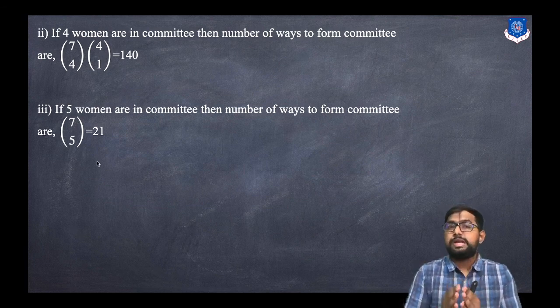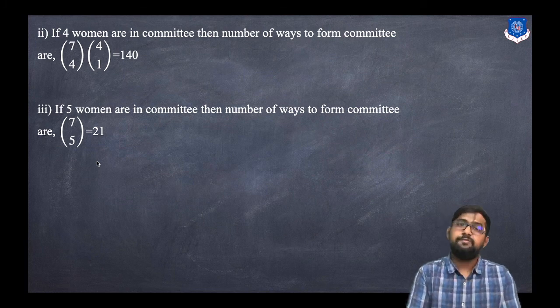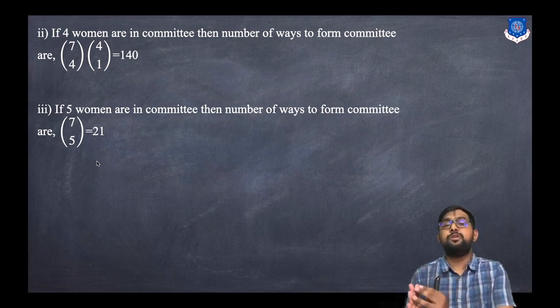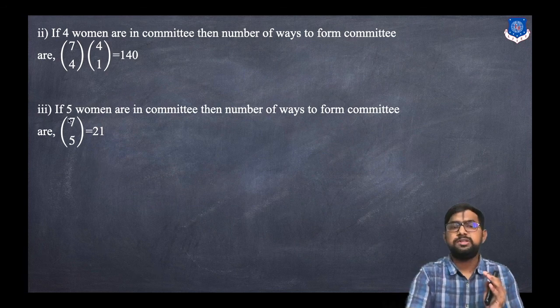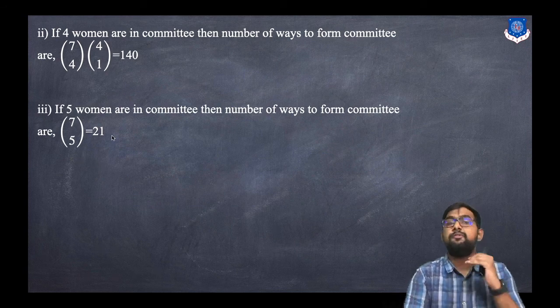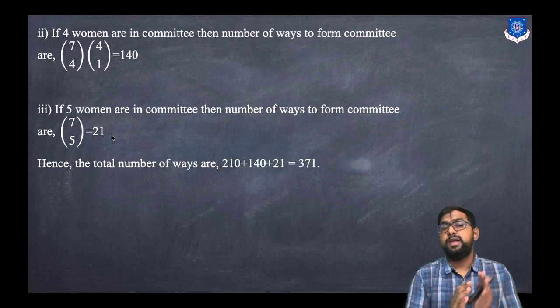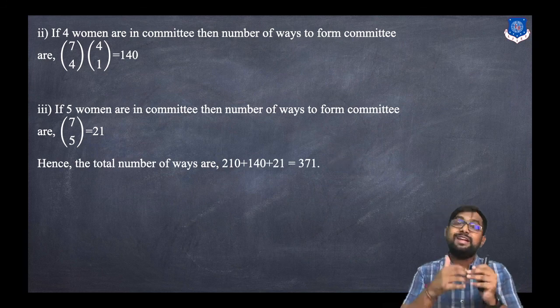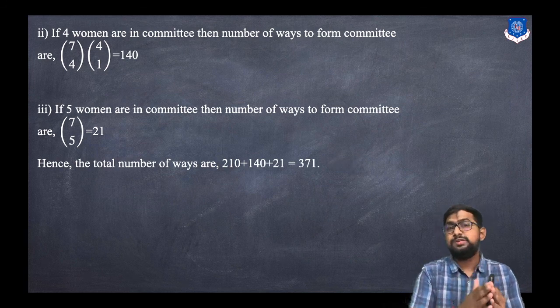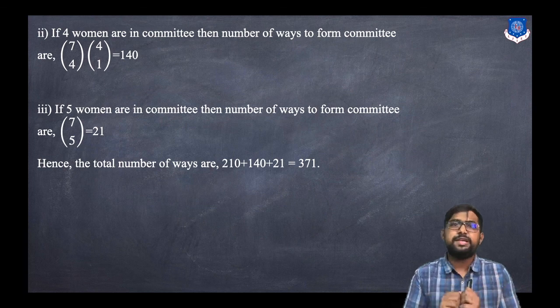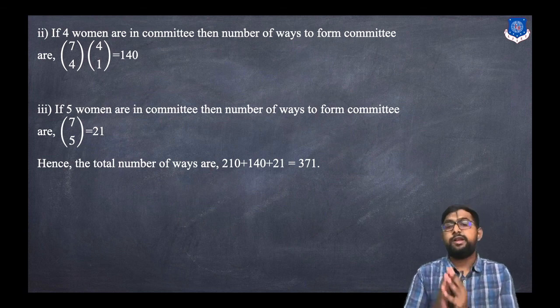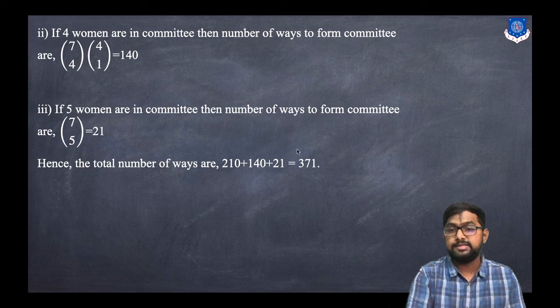Because we want to create a committee of 5 people, and we have already selected 5 women, so there is no room for men. So 7C5 is 21. Now we combine all these cases, so the total number of ways having at least 3 women is the addition of these 3 cases: 210 plus 140 plus 21, that is 371.